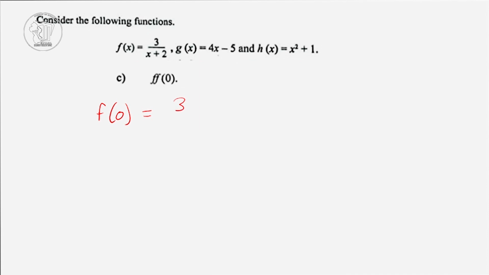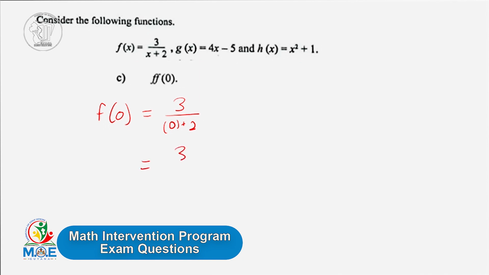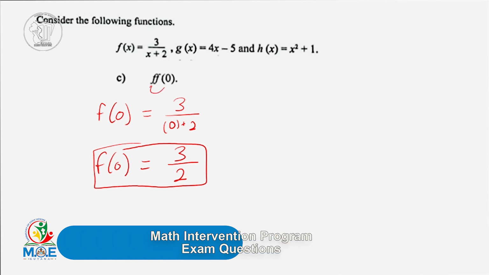So f of 0 will be equal to 3 over, instead of x, 0 plus 2. And this will give us 3 over 0 plus 2, which is 2. So f of 0 is equal to 3 over 2. And now we're taking this value and putting it inside the function f.